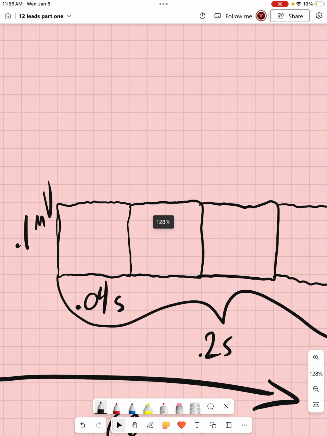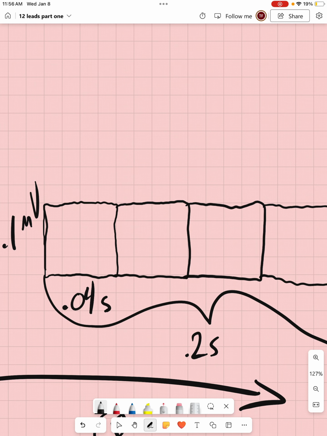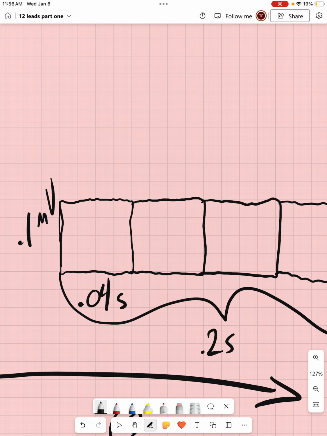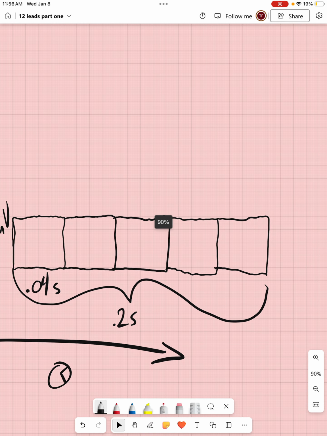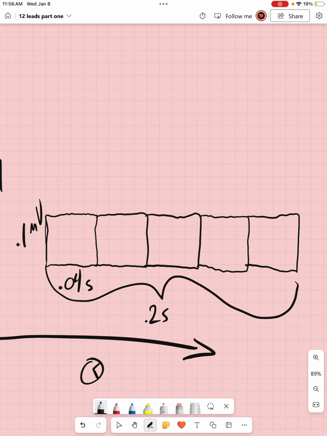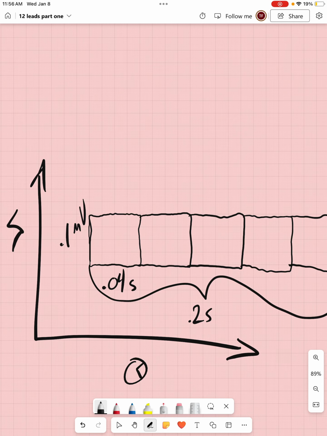We have big boxes that are made up of small boxes. 5 big boxes together are going to be 0.2 seconds. One of these small boxes alone is 0.04 seconds.